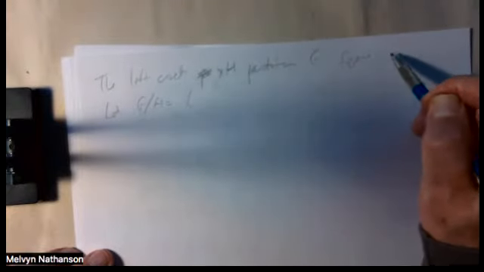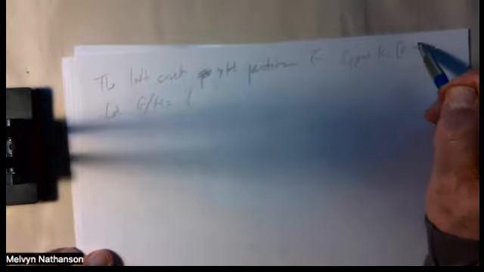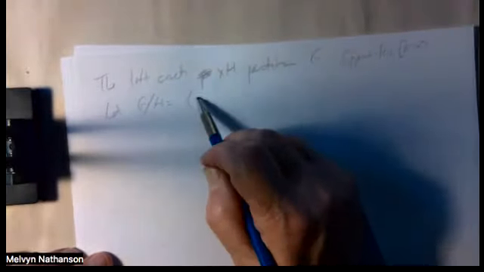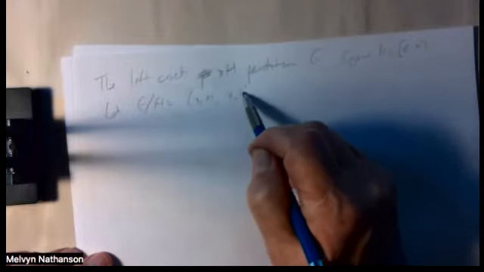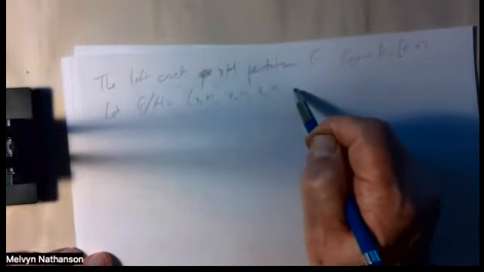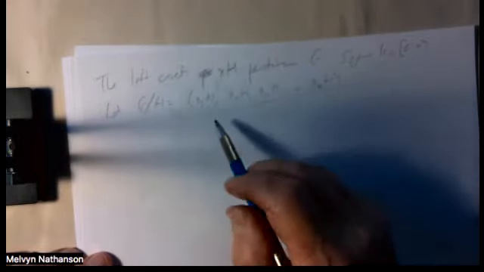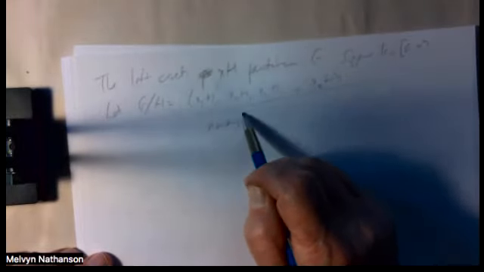So let G mod H be the set of left cosets. Let's say k is the index of H in G, the number of left cosets. So the set of left cosets is x1H, x2H, x3H, up to xkH. These sets are non-empty and pairwise disjoint.